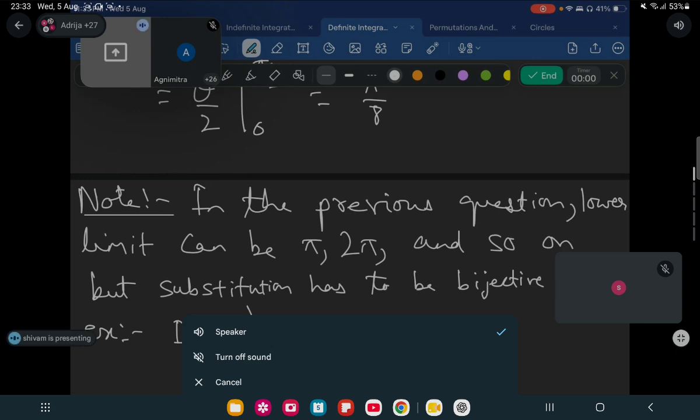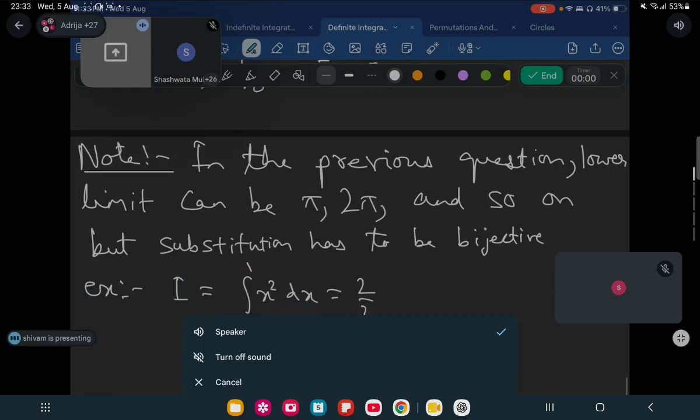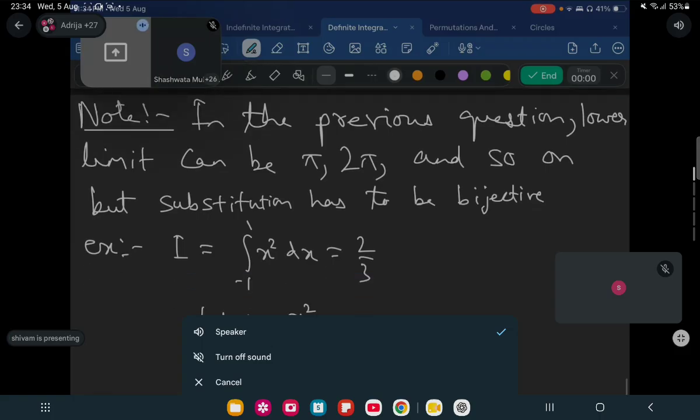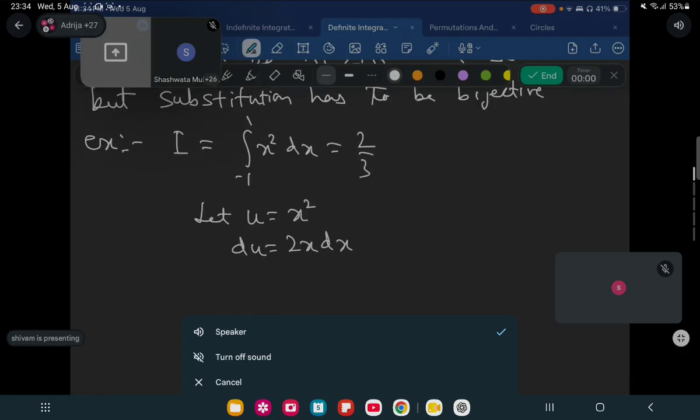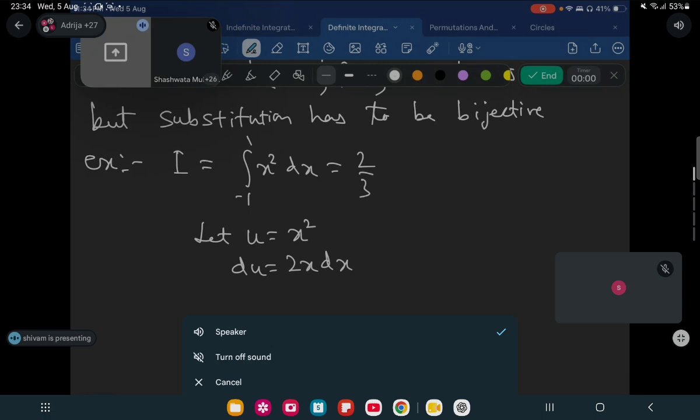It is 2 by 3, right. Now over here, if I want to use substitution, let u be equal to x square. Then what is du? du is equal to 2x dx.